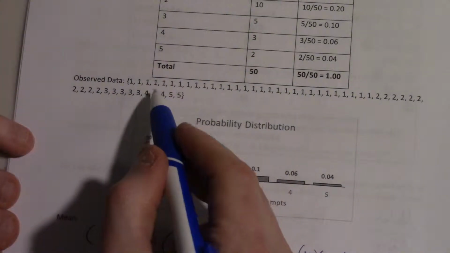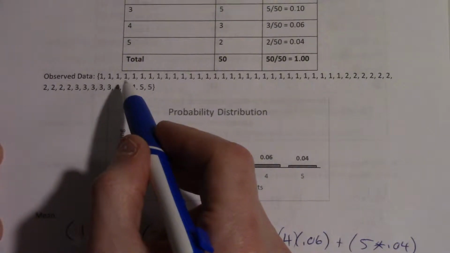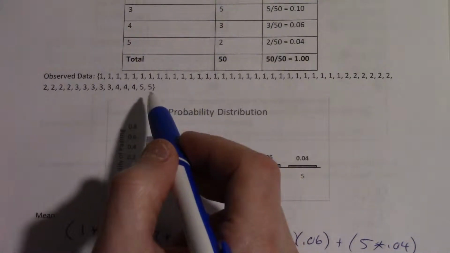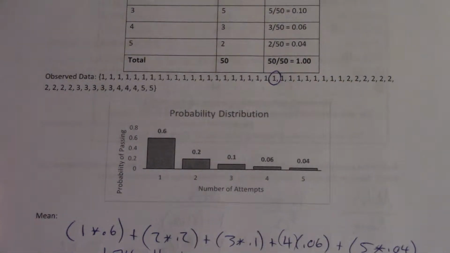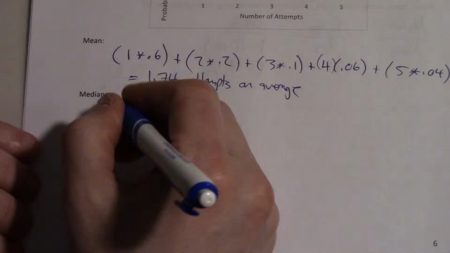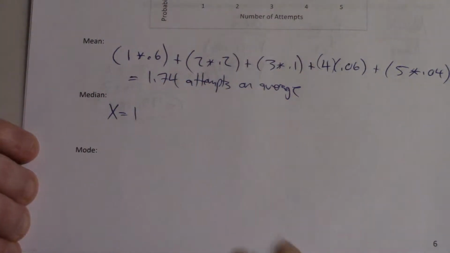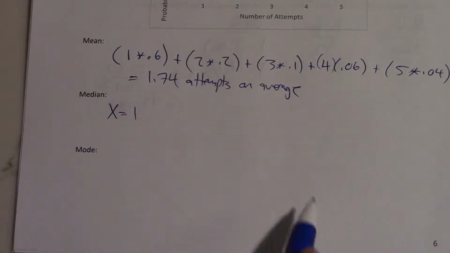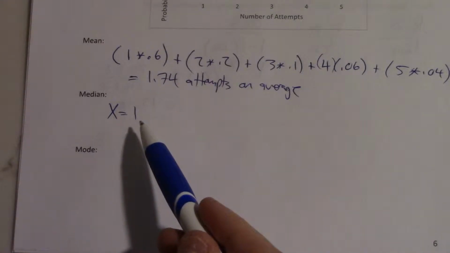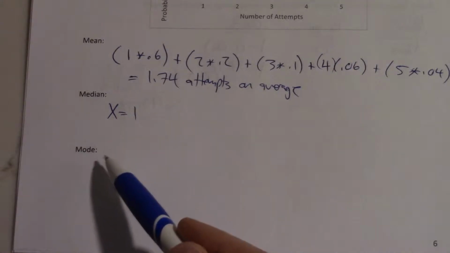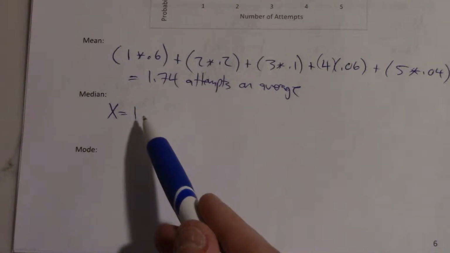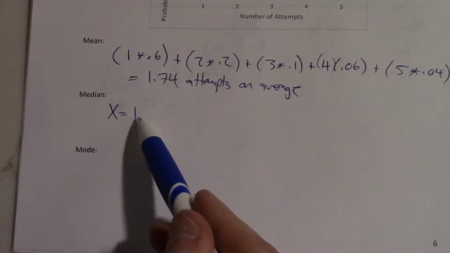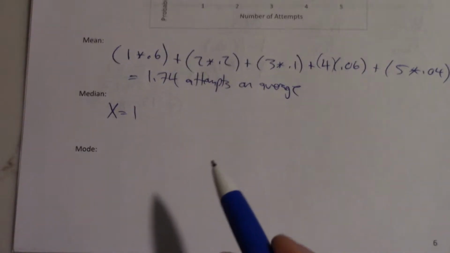So since we have the observed data and it's already in order, it's kind of easy to see that the halfway point is somewhere like here. So it's at 1. So the median is 1 attempt. 50% of people require 1 attempt or fewer, which there is no fewer. 50% of people require 1 attempt or more.